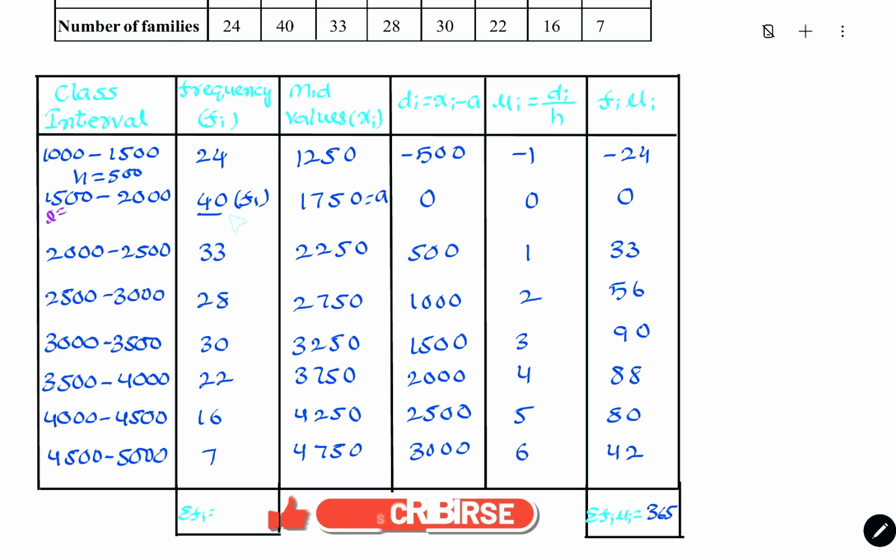Now f1 is the highest frequency, 40. Now height 500. Here f2 is the frequency of the succeeding class to 1500 to 2000, which is 33, just below the highest frequency. Here this is f2. Now f0 is the frequency of the preceding class to 1500 to 2000, which is 24, just above the highest frequency.